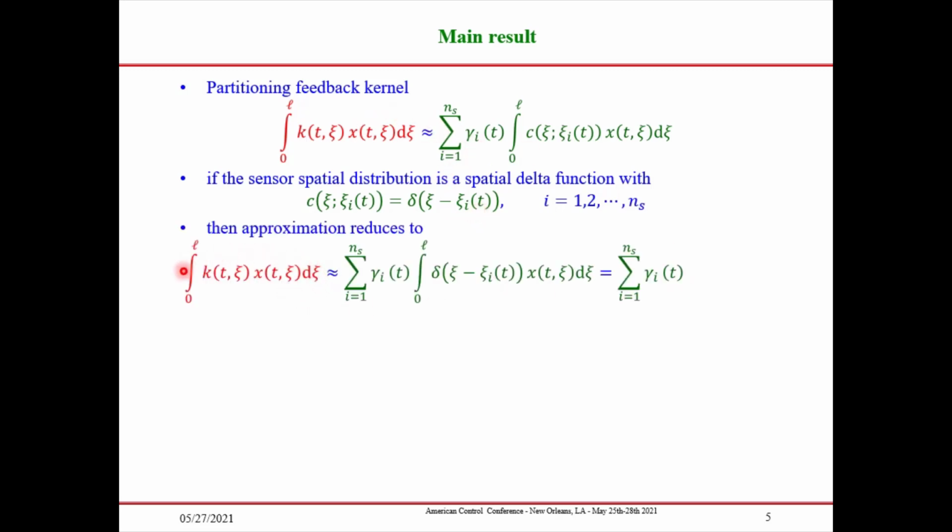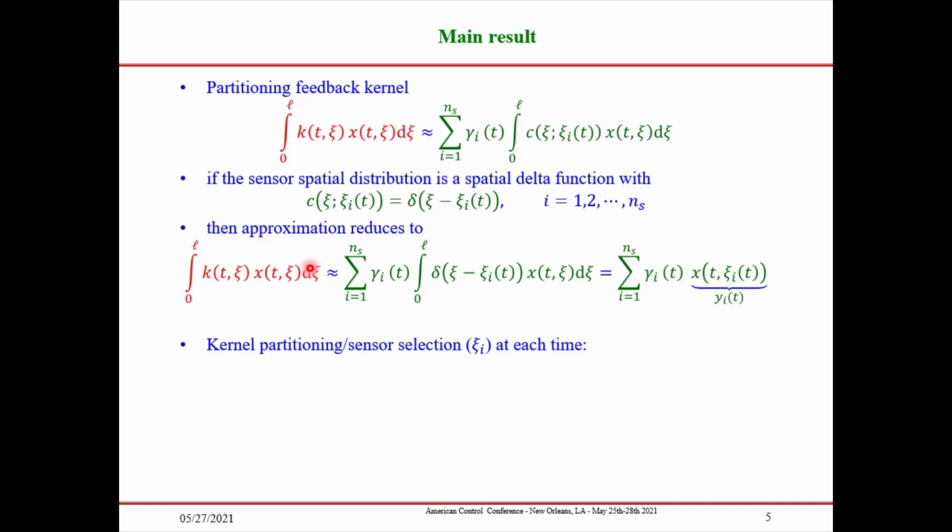Essentially, I want to approximate this by this one here. These are the states evaluated at the sensor location. And the sensor location X sub I is time-varying. That means you can have mobile sensors, and these are the time-varying output feedback gains.